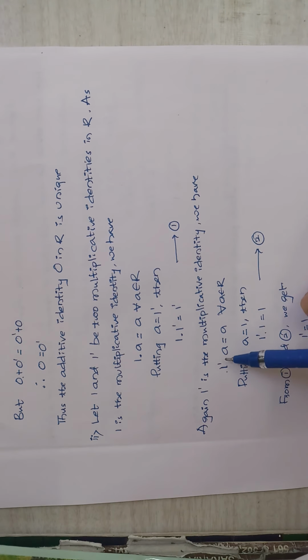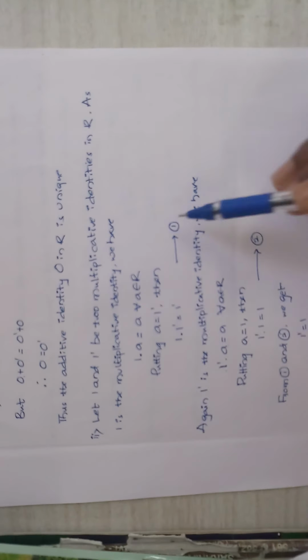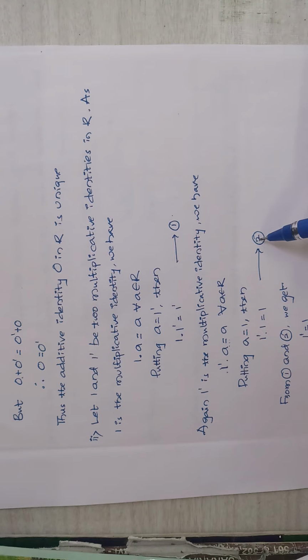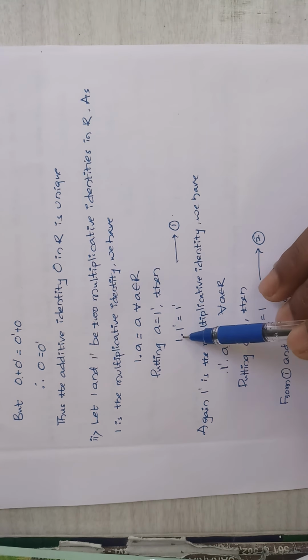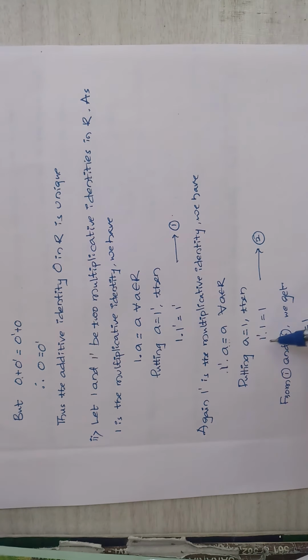Then we have 1 dash into A is equal to A for all A belonging to R. Here I take A equal to 1. Then this equation becomes 1 dash into 1 is equal to 1. So from these two equations, 1 into 1 dash is equal to 1 dash, and 1 dash into 1 is equal to 1, and these two are equal.